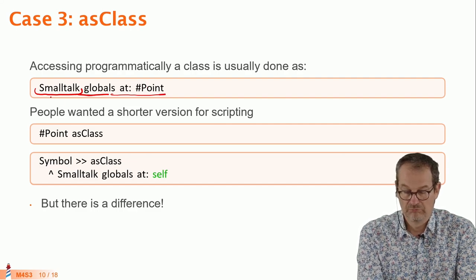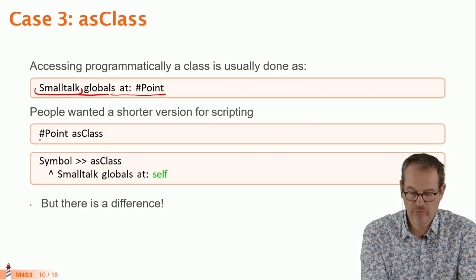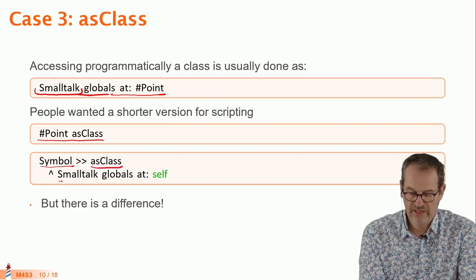So people were saying, oh, this is too long, I have to type this code and things like that. And they wanted to have a shorter version for scripting. So they proposed something like that. They said, you know, we again want to extend Symbol with a new method and do that.